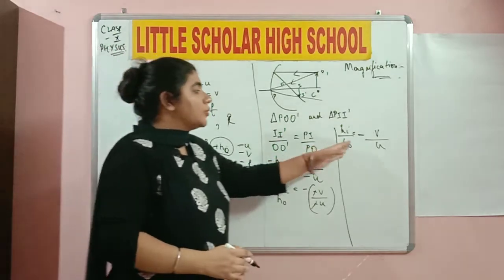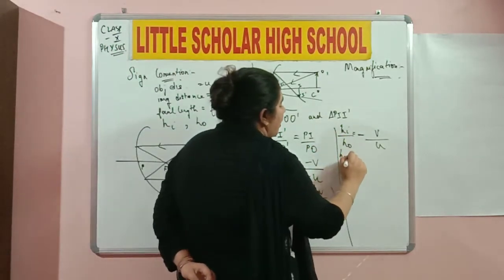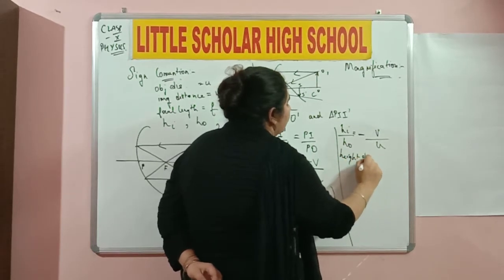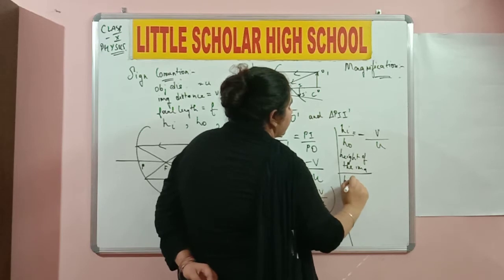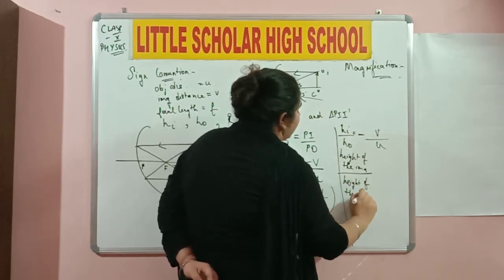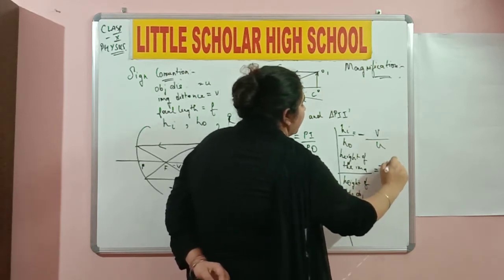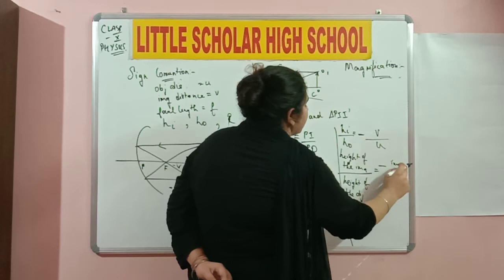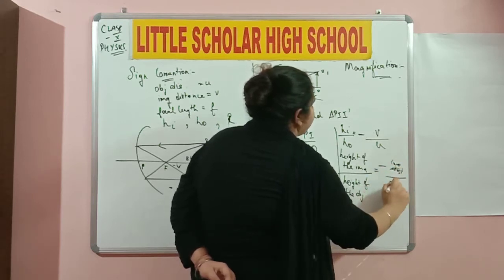HI by H naught is equal to minus V by U. What does this mean, class? It means height of the image by height of the object is equal to minus image distance by object distance.